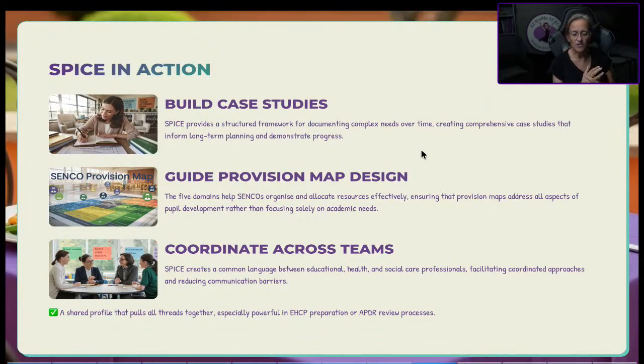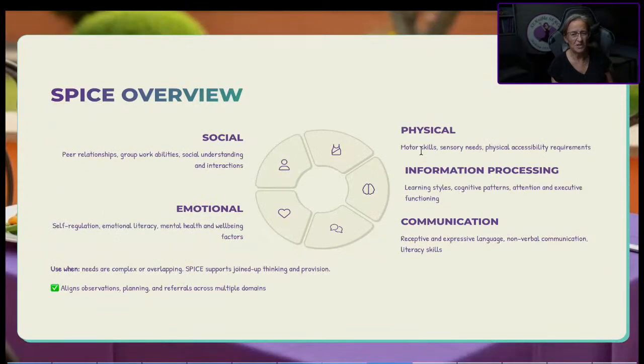And then it helps to coordinate across teams, of course, because it can be a shared language between our education professionals, our health professionals, our social care professionals, EHC. It helps us to coordinate everything. And I think because it is common language, everybody knows what social means. We all know what physical means. Information processing doesn't have a negative connotation like intellect does.